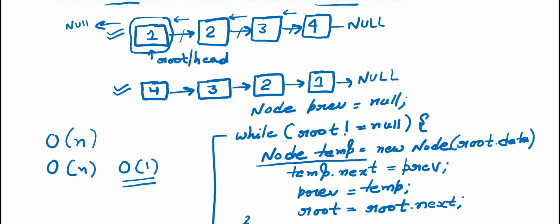So let's see how we can do that. We have given this linked list and we will try to reverse it in place. Means we will reverse the pointers of the nodes and we will destroy the previous pointers.